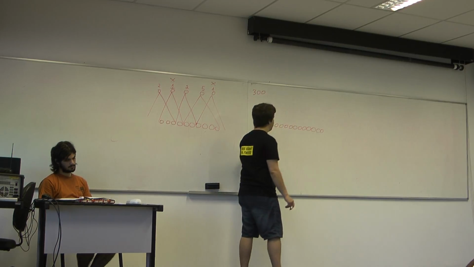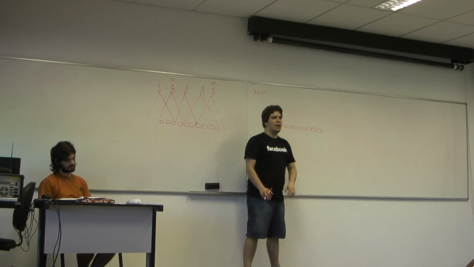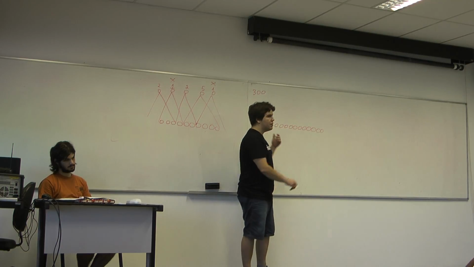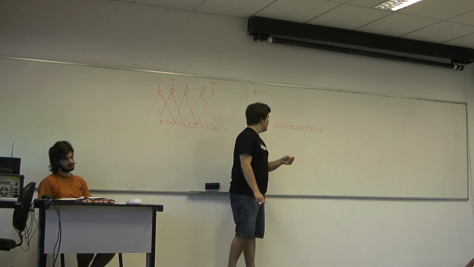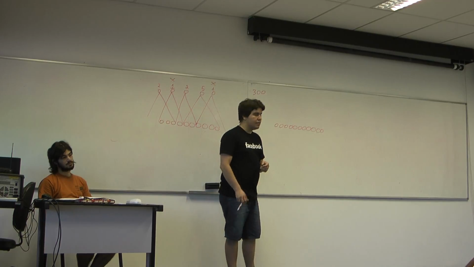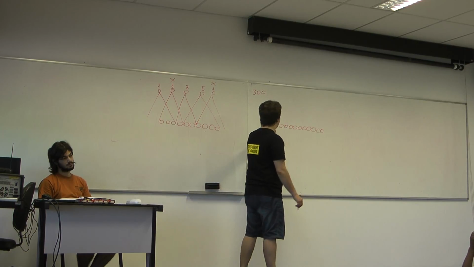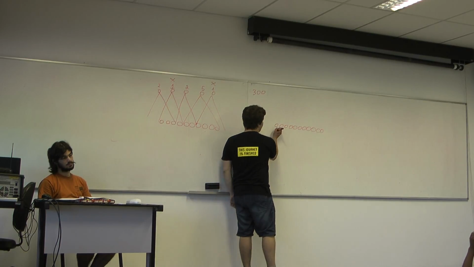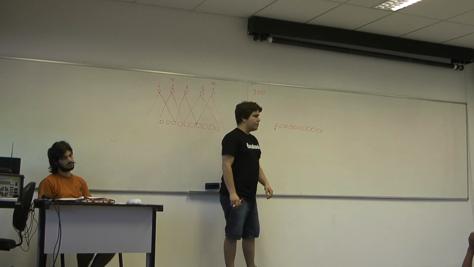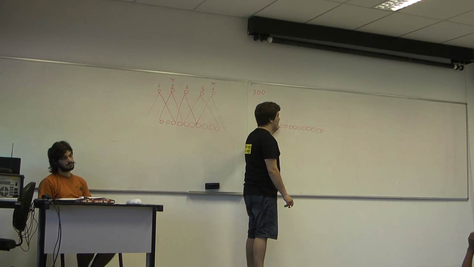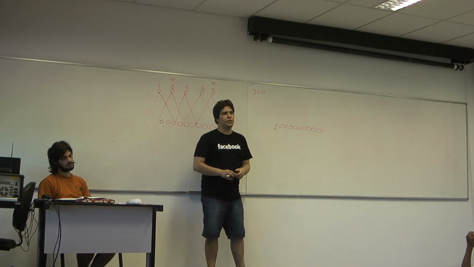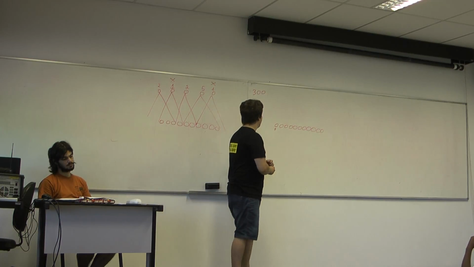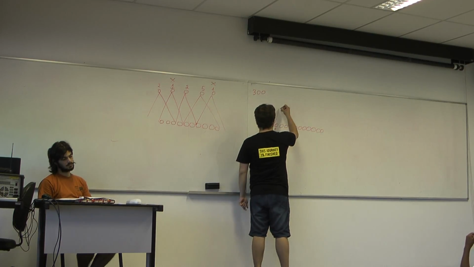Since the points are in order, one thing you can do is sort the binoculars by their start. After you sort by their start, you have some binoculars that start at this point. So for every binocular, you can choose if you want to use it or not. And suppose you use it.